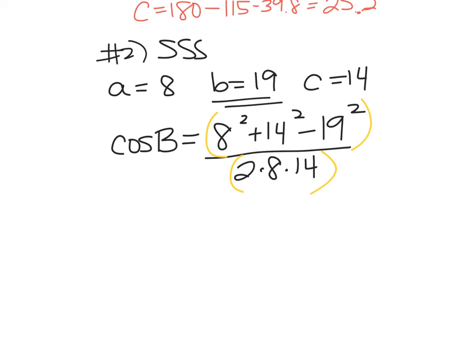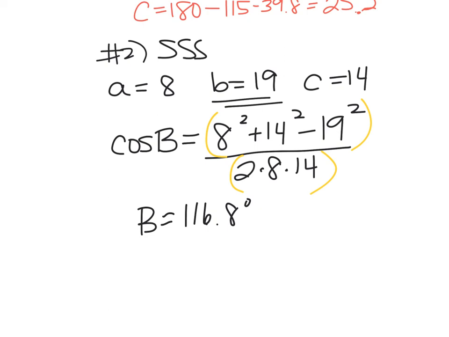It's very alarming, though. You think you did it wrong. You put in 8 squared plus 14 squared minus 19 squared. Divided by parentheses 2 times 18 times 8. Uh-oh. There it is. What's the final answer you got? Oh, I got that B was approximately 116.8 degrees. Did you say something about like, I got 26?